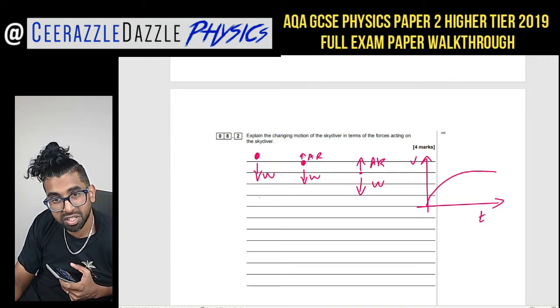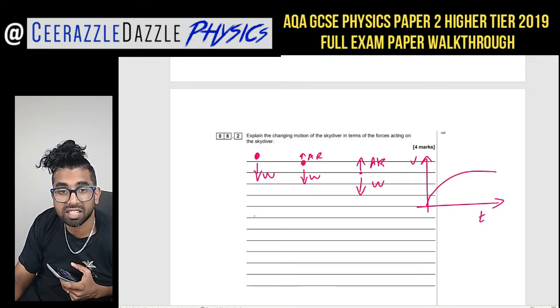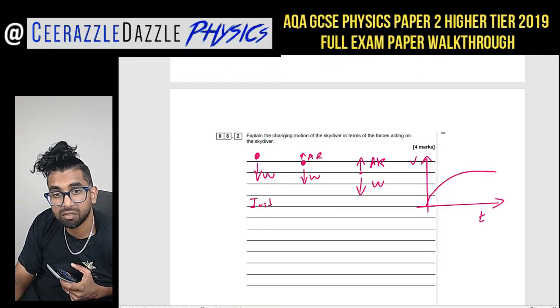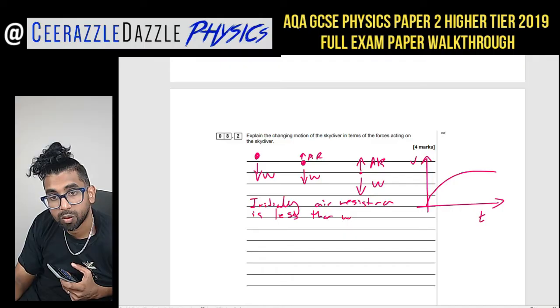So from here, let's put this all down into words. Initially, air resistance is less than the weight. So the skydiver accelerates.